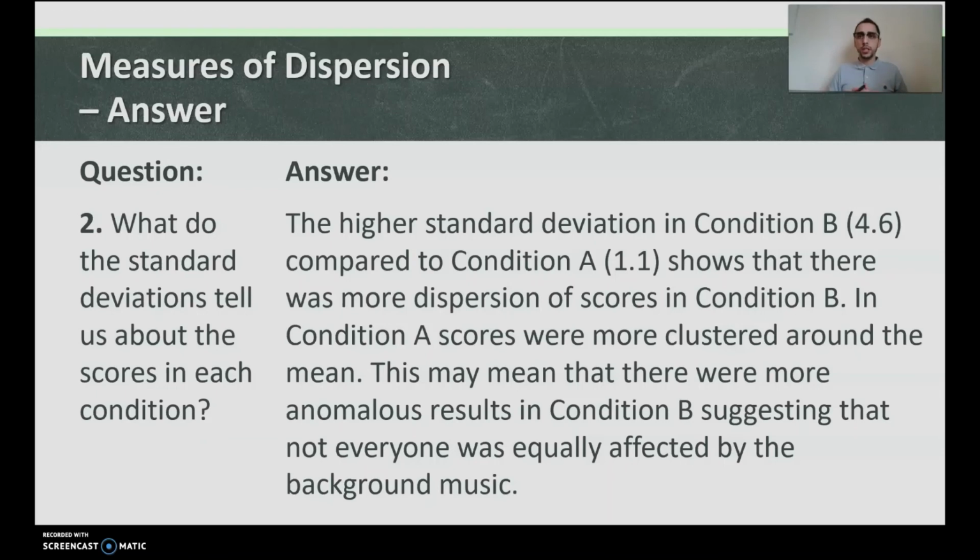What this shows us is that there was a higher standard deviation in the music condition. It showed that some people found it quite helpful to have music to remember. However, other people did find it distracting and didn't find it helpful in terms of memorising. Whereas in condition A, where it was just silence, it was a very small standard deviation, meaning that everyone was sort of affected in a similar way.